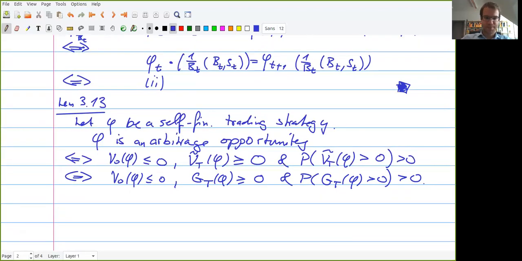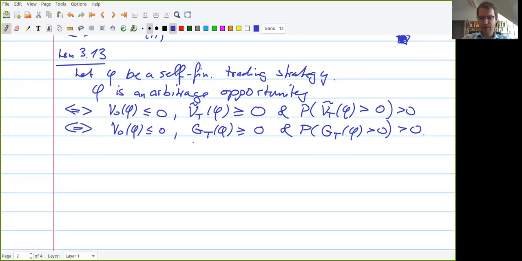Okay. Let us prove this. I mean, this is again not really hard, but of course it has to be proven. So let's look here at the proof. Again, let's recall, like we have done for self-financing, the definition of an arbitrage opportunity.